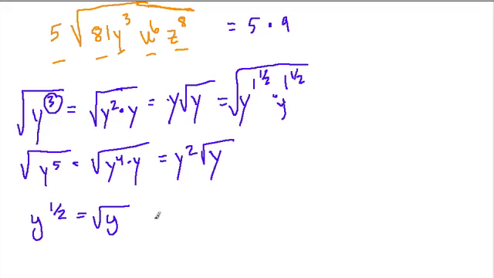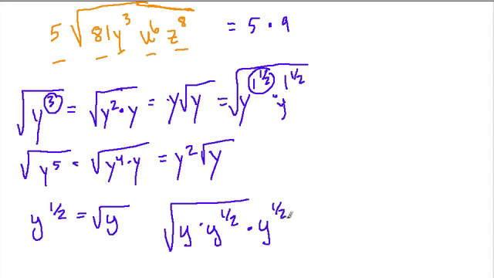So each of these is saying take the square root of, in this case, I'm going to break that up to y times y to the 1/2, and then again over here, y to the 1/2 times y. Now I would pair these two together, just to re-simplify.